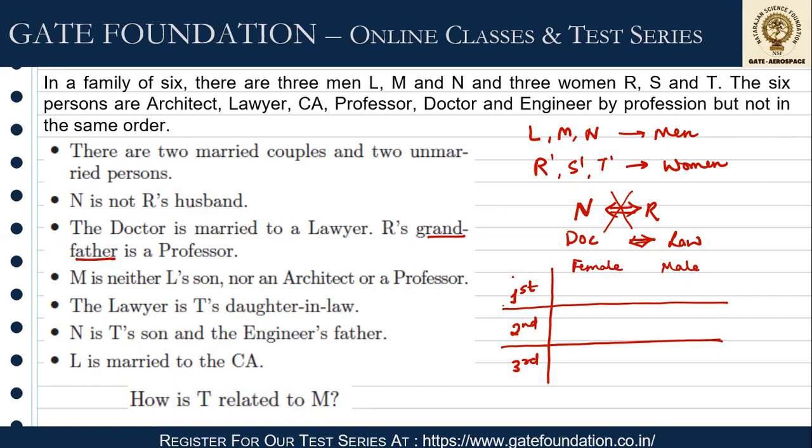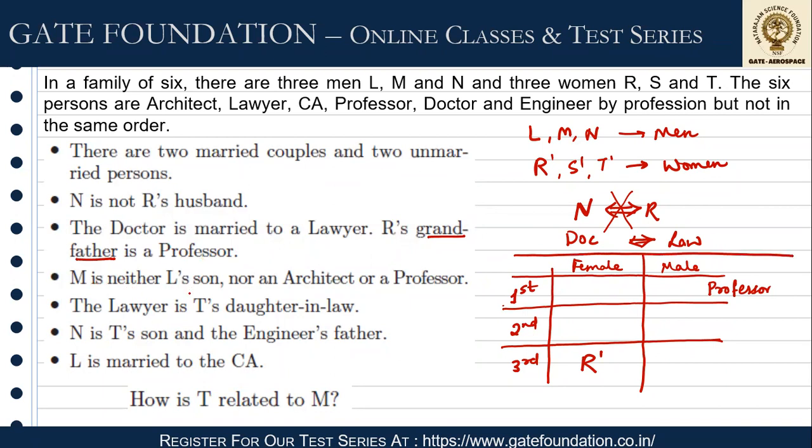I'll try to write down their occupations as well in short. So let's start from the first part. R's grandfather is a professor. So R is actually a woman, right? R is a woman, and her grandfather is a professor. So whoever the grandfather in the first generation is, is a professor. M is okay. These are my reference points.